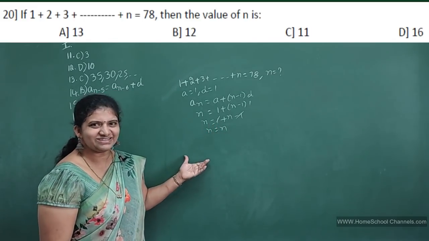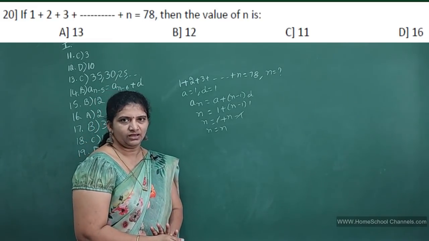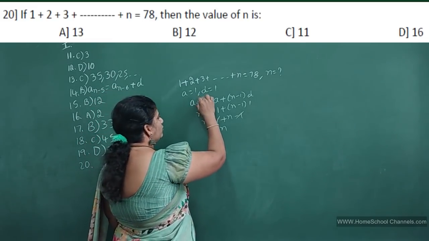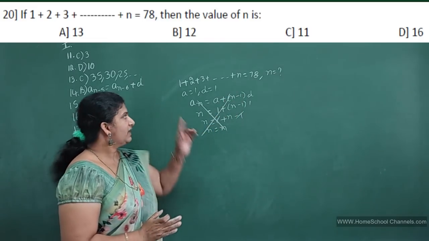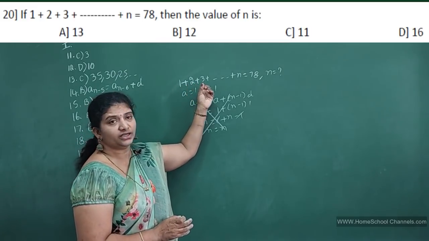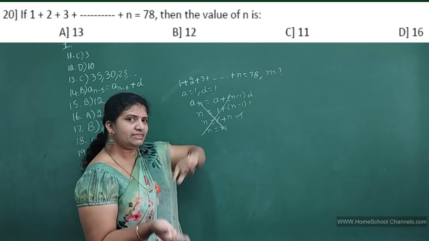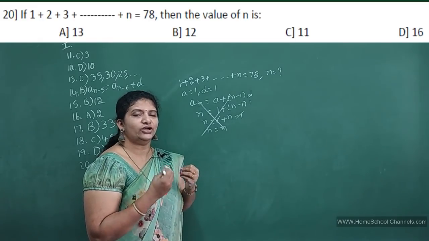Did you get the right answer? No. Don't get confused at this time. Immediately don't try to do it in this manner. Observe here: 1, 2, 3. First term 1, second term 2, third term 3. That means the nth term is n. We don't know the nth term value and we don't know n.